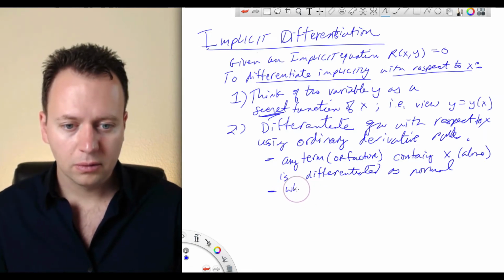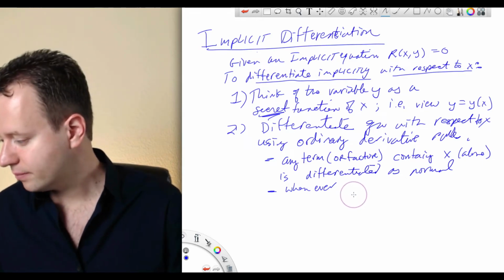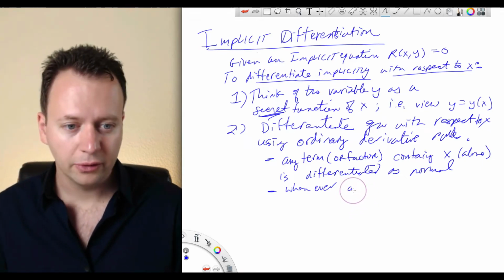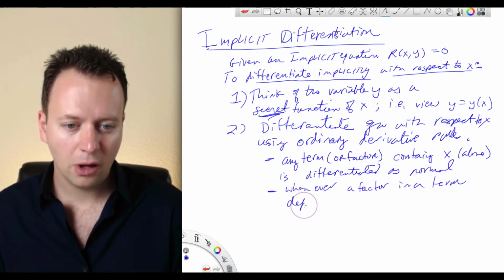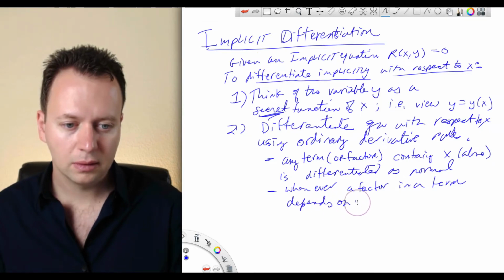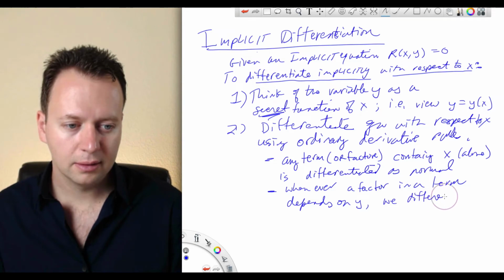So whenever a factor in a term depends on y, we differentiate using the chain rule.